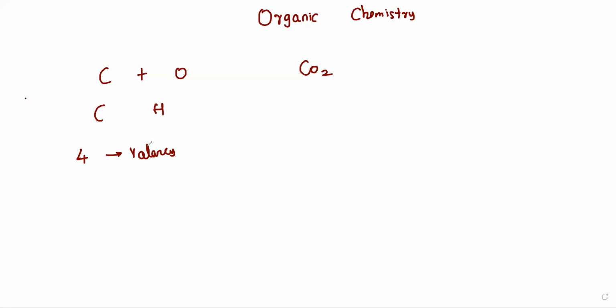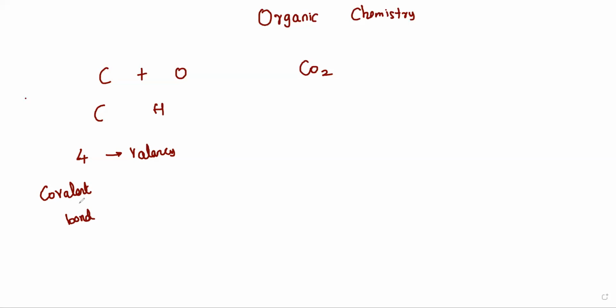But getting 4 electrons from others is not possible. So it shares its 4 electrons with other atoms. Carbon makes a bond with atoms that are able to provide 4 electrons. That bond is called a covalent bond.